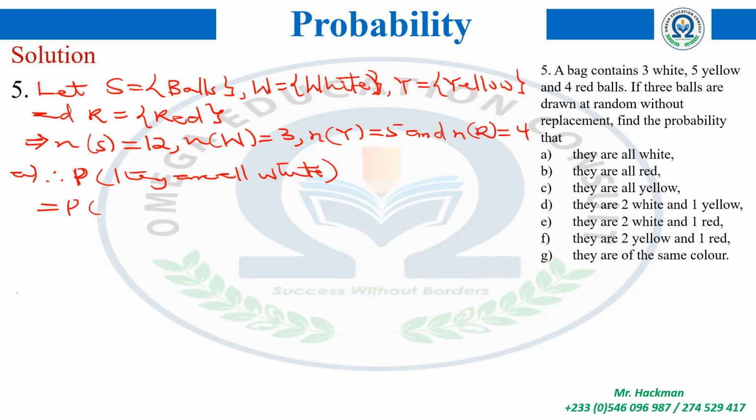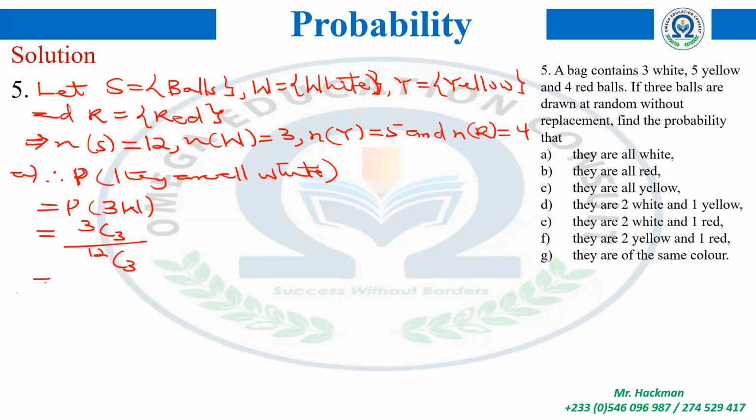Write it in terms of your letters for convenience. 3W, very good. So all white will be this. You said 3 combination 3 on 12 combination 3, perfect.